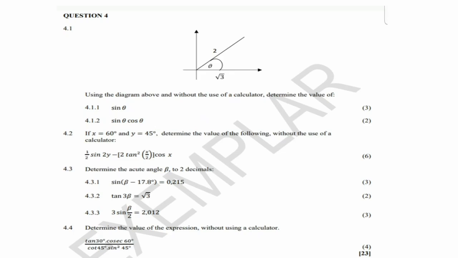4.3.2, we are given tan 3 beta is equal to root 3. So what do we do if it is like this? Whenever you have something like this, again, you leave off this angle here and then you transpose the trig ratio.